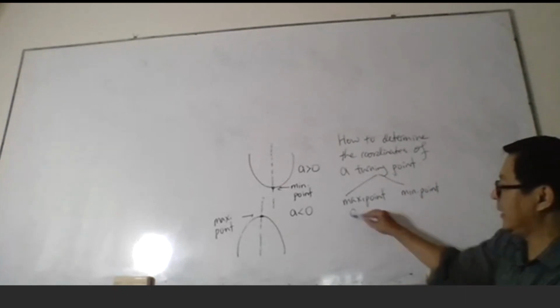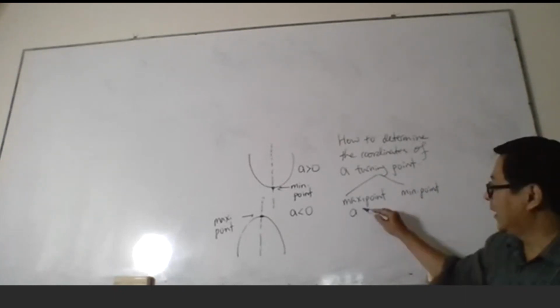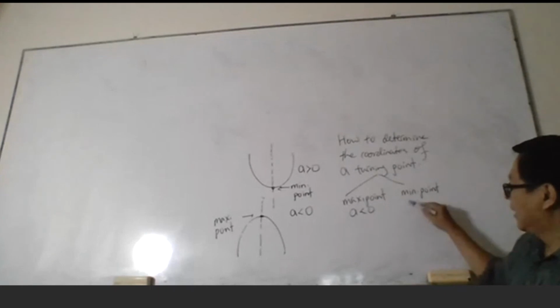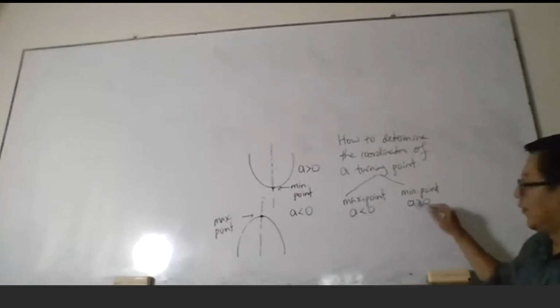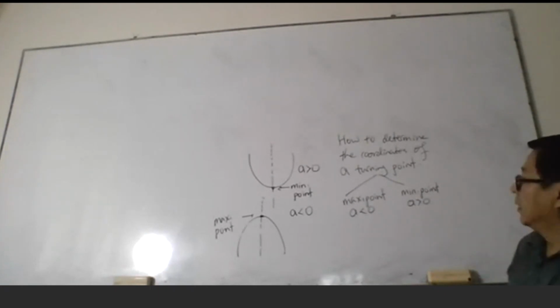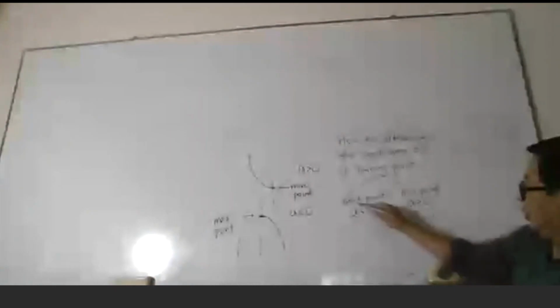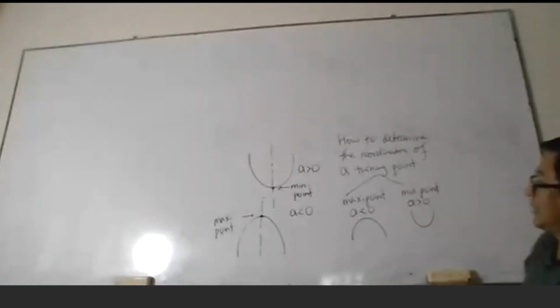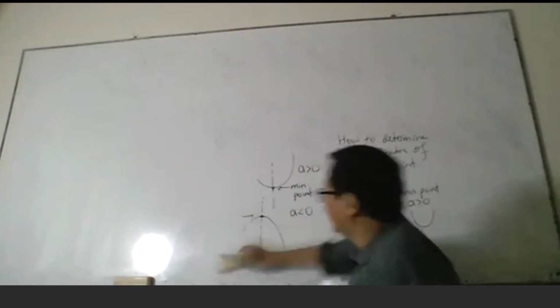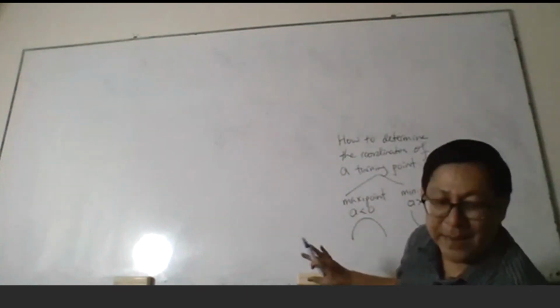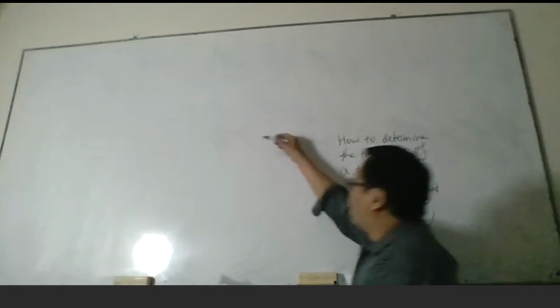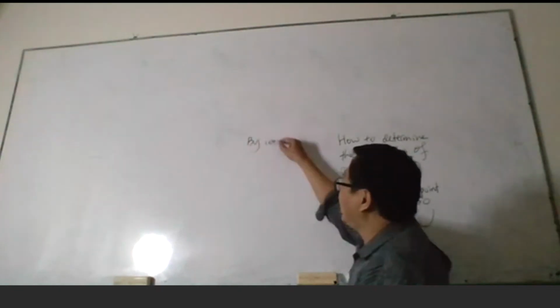How to determine is the value of a. If less than 0, max. More than 0 for a is min. Because if a more than 0 is U, a less than 0 is N. So now we will teach you how to use the inspection method. Number 1, by inspection.